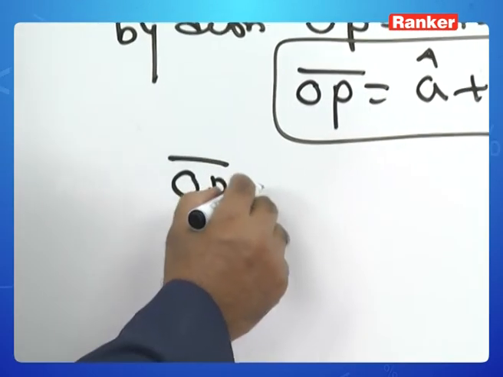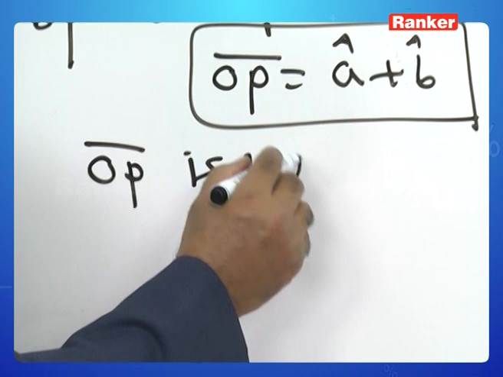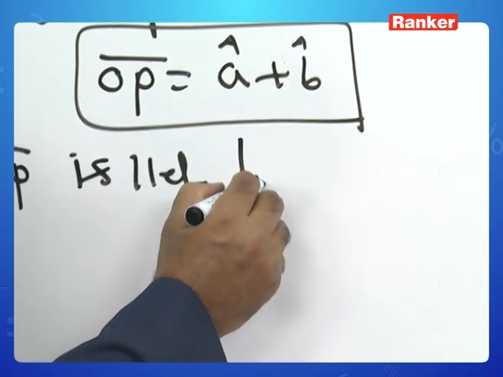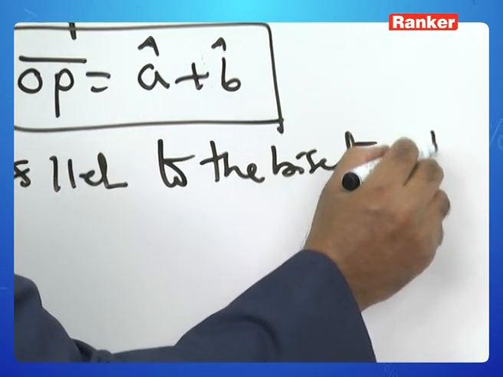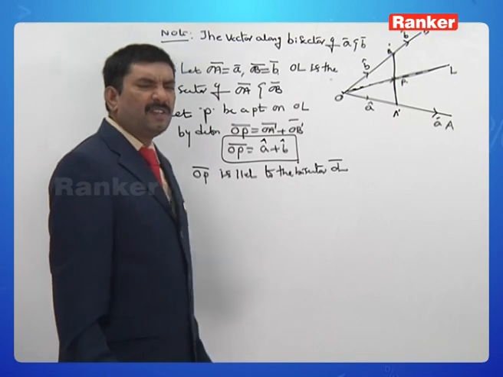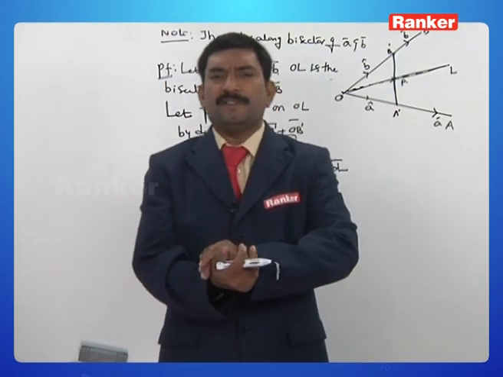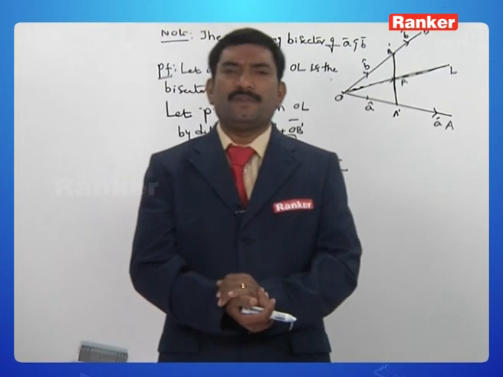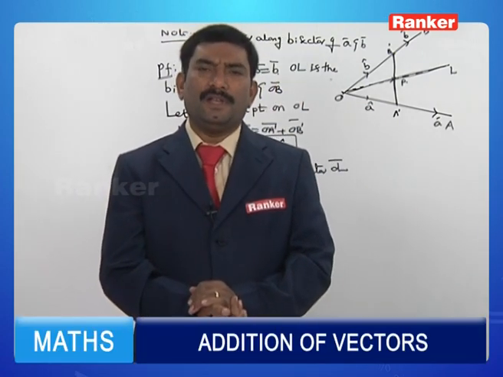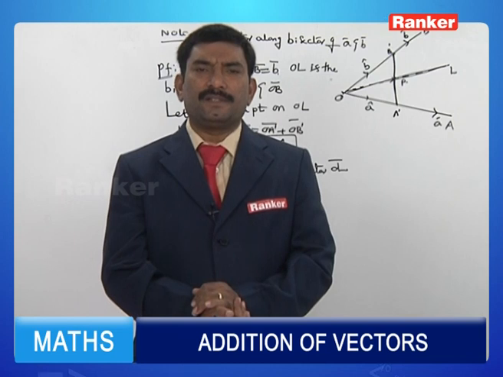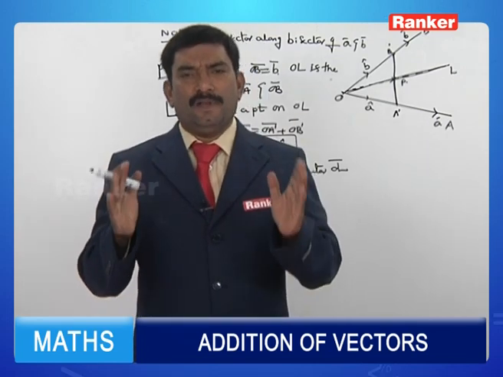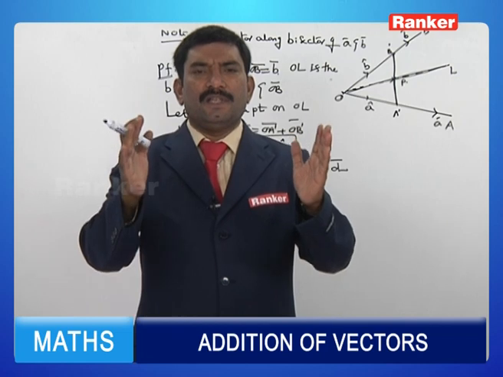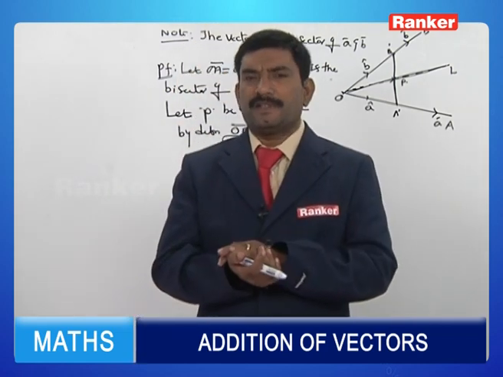OP bar is parallel to the bisector OP, that is OL bar. So why is it parallel? In vector algebra, you might have observed for collinearity and parallel vectors, the condition is same. What is that? One vector can be expressed as scalar multiple of another vector.